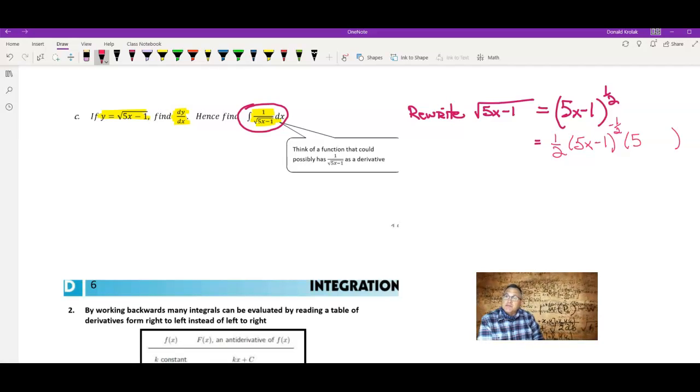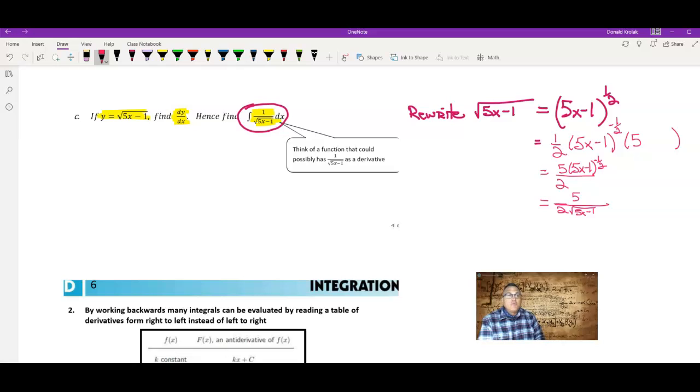So this ends up being 5 halves (5x - 1) to the negative 1 half, and I can rewrite that as 5 halves over the square root of 5x minus 1, because it's a negative exponent, so it moves down to the denominator.